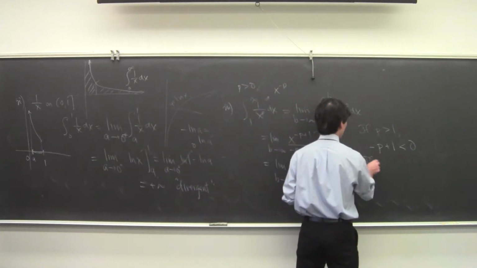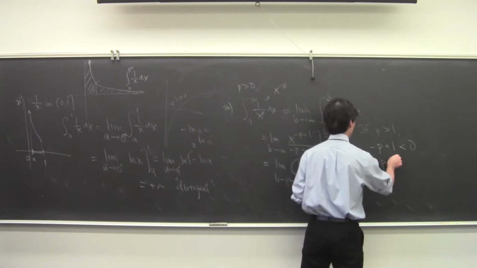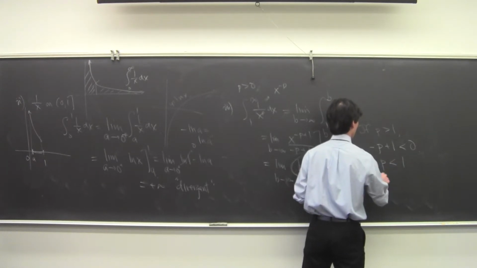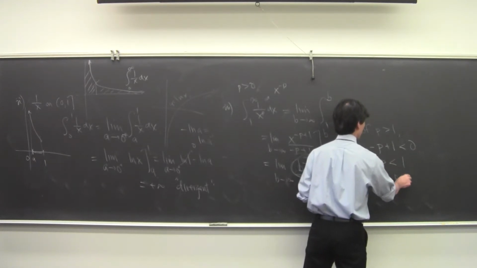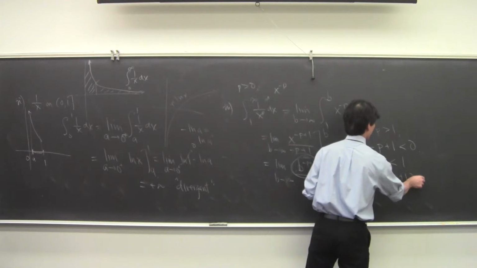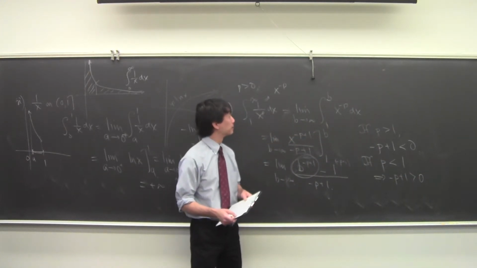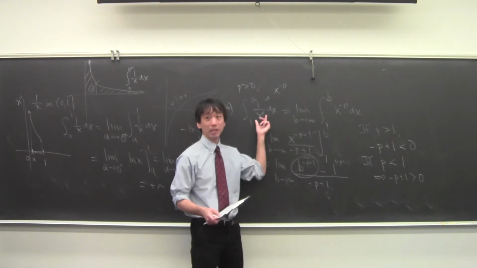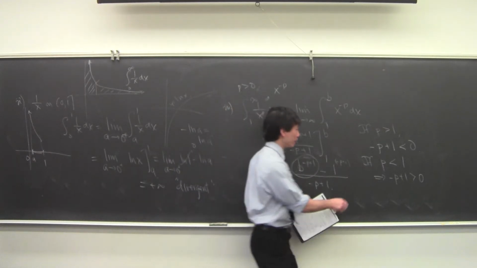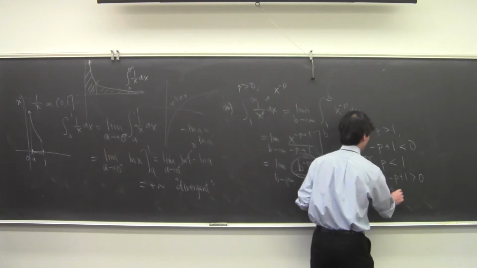And if p is less than 1, then negative p plus 1 is greater than 0. We already saw that if p equals 1, we have divergence.